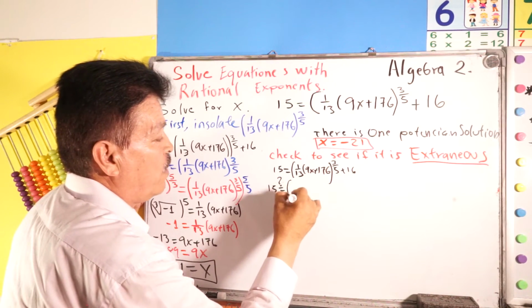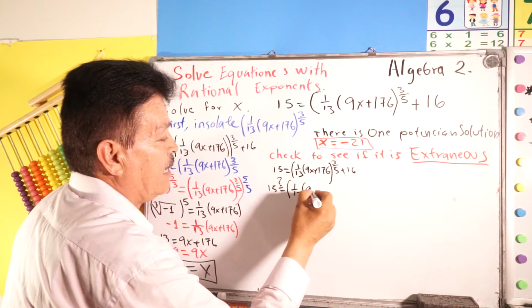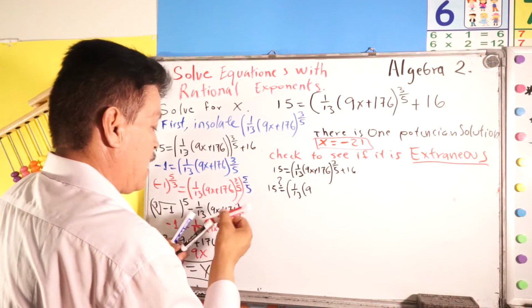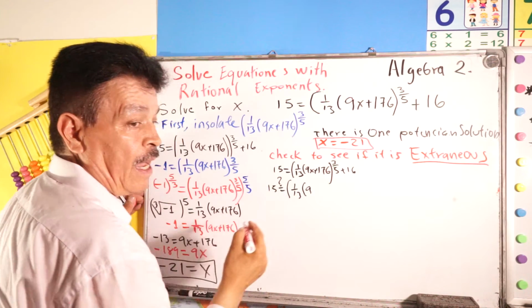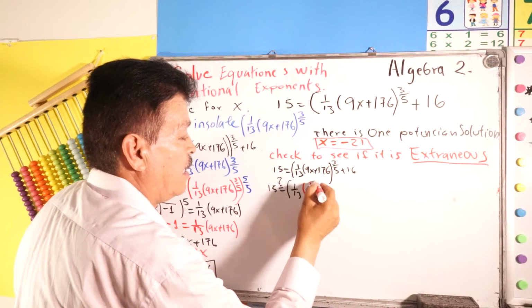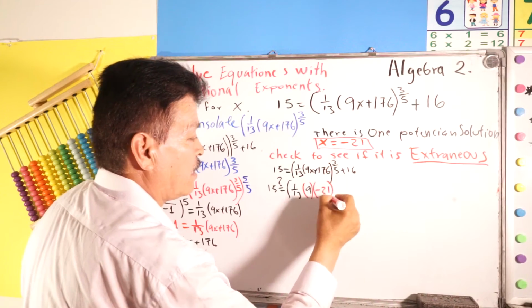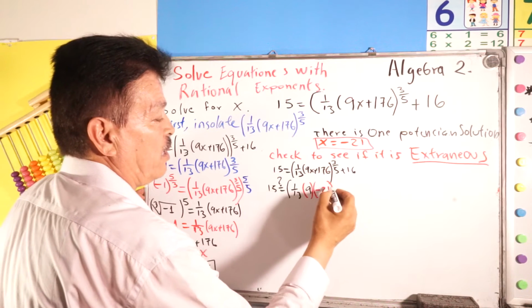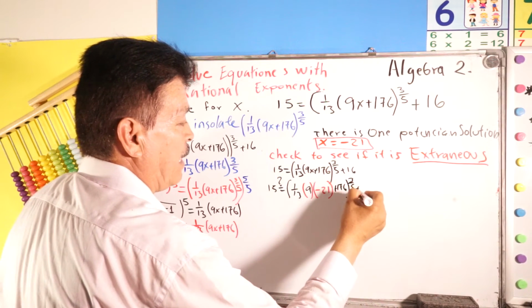Right now just write 113 times 9 times negative 21, that is, we substitute x, plus 176, to the 3/5 power, plus 16.